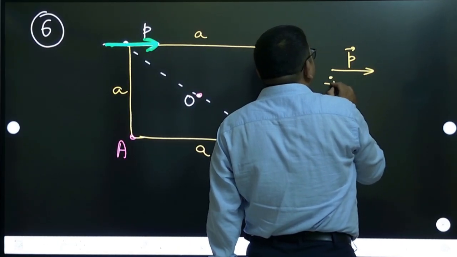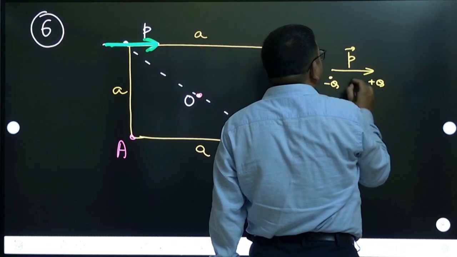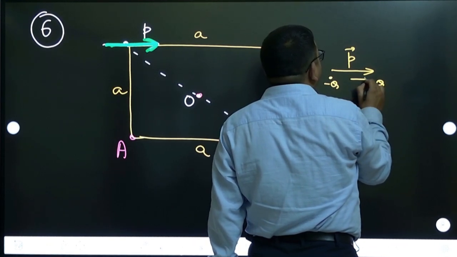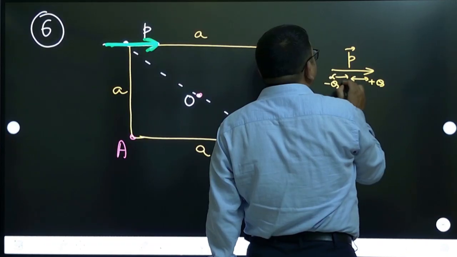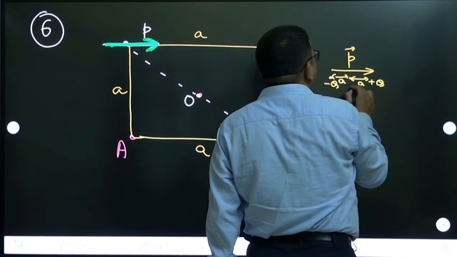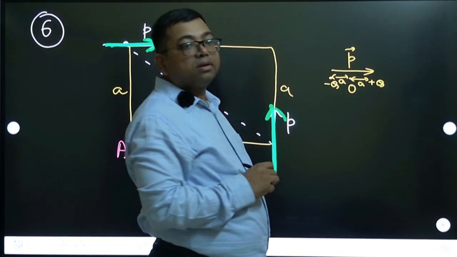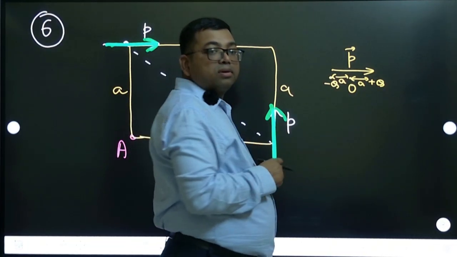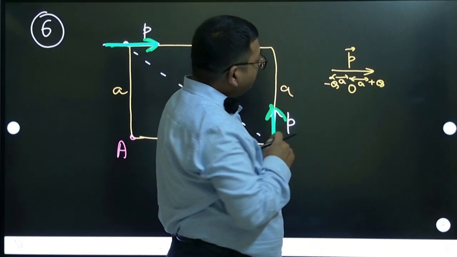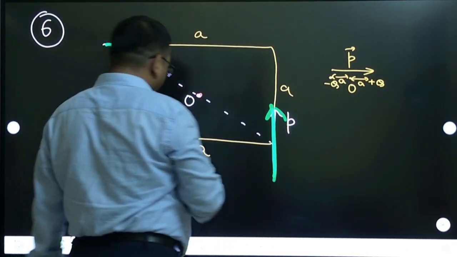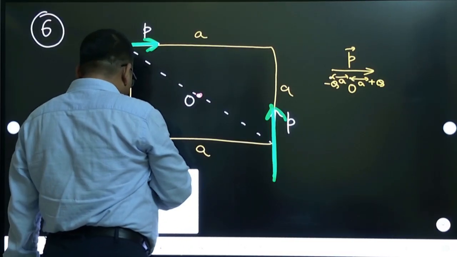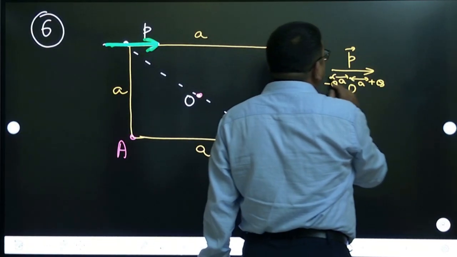So this is minus q charge, this is plus q charge, and they are separated by distance a. This is the midpoint O. Remember this, okay? Are you able to see this clearly? So this is called the axis of the dipole.